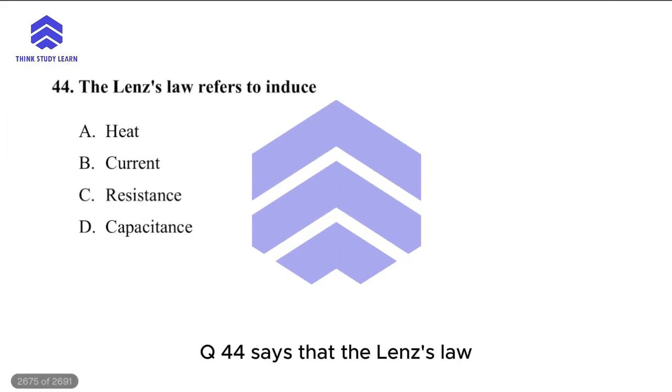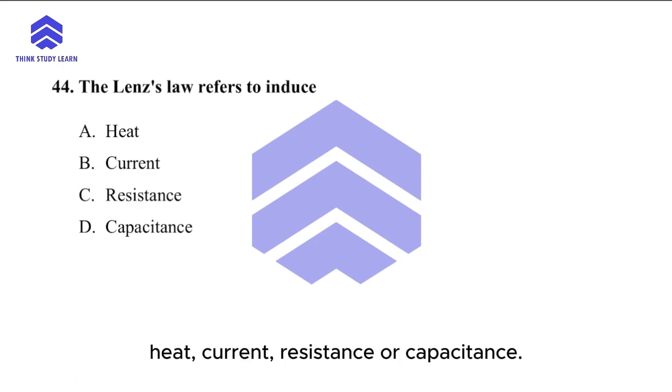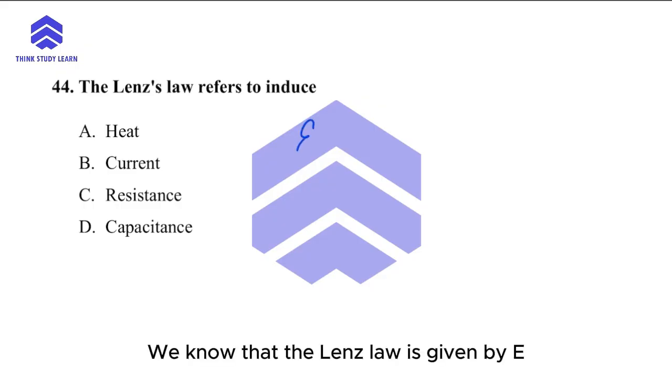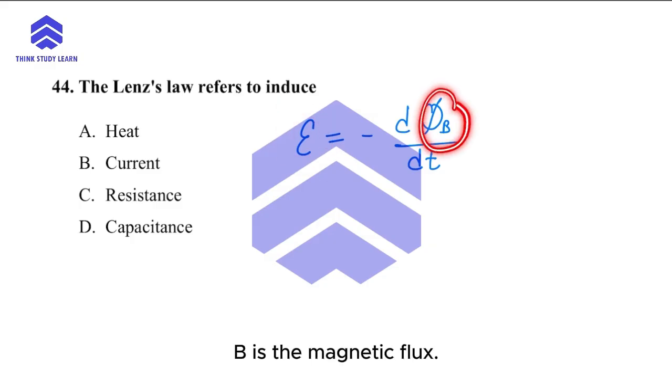Question 44 says that Lenz's law refers to induced heat, current, resistance, or capacitance. We know that Lenz's law is given by E is equal to minus d phi B divided by dt. Here E is the induced EMF and phi B is the magnetic flux.